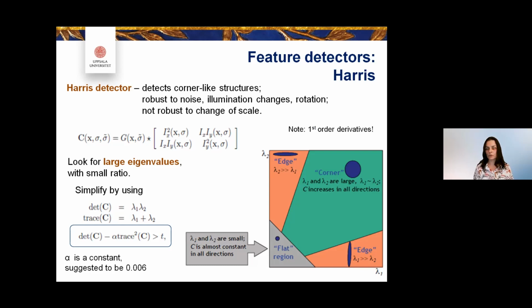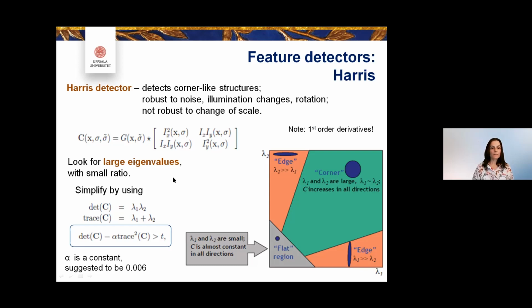That will correspond to corner points, as opposed to, for example, points where one eigenvalue is much bigger than the other, which indicates change only in one direction and would identify linear structures, or the points where the corresponding eigenvalues are small, which then indicates that there is no big change around that point, and that the point is actually a part of a flat region, and we are not interested in these either.